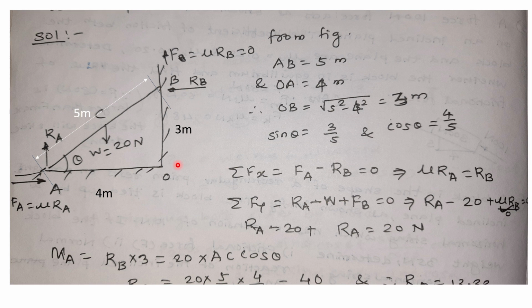Besides this, we don't have any other horizontal forces. So equating it to 0, we get the equation Fa is equal to Rb, where Fa is equal to mu Ra is equal to Rb.